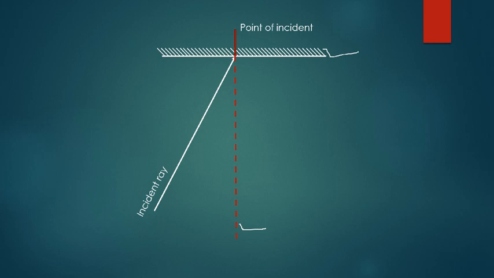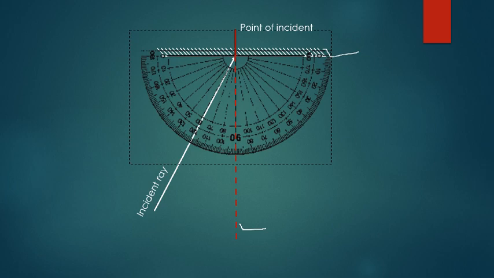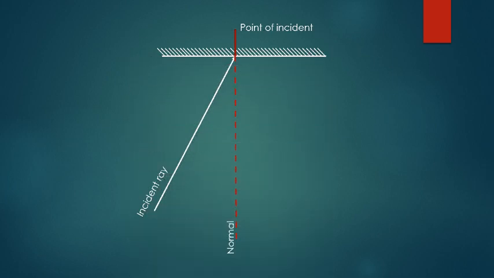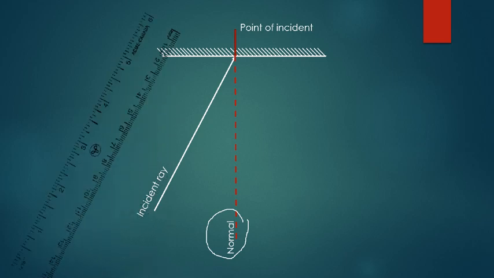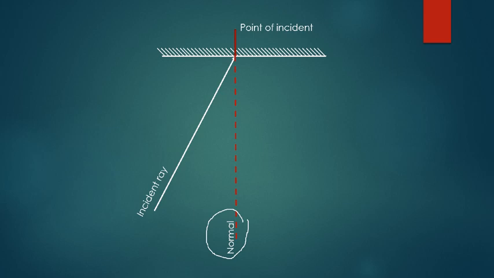When you draw this properly on a plane surface, that dotted line is an exact perpendicular, and that is called the normal. Please remember this. To draw this we always have to use a scale as well as a protractor.